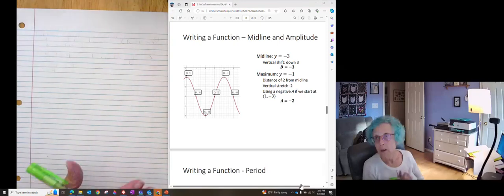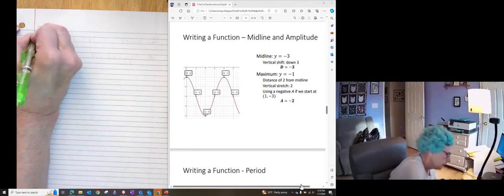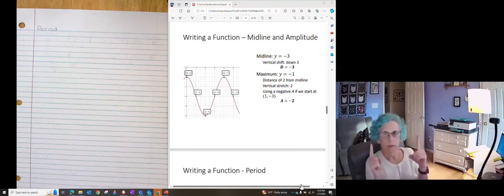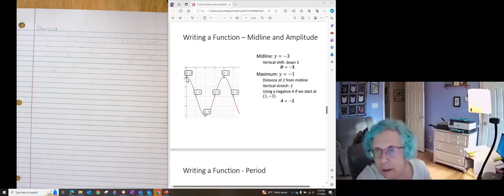Now that we've figured out our A and our D, let's figure out our B by looking at the period. To figure out the period, we want the length of a cycle. So you can find 2 maxes, 2 mins, or 2 midlines. Here I have 2 maxes.